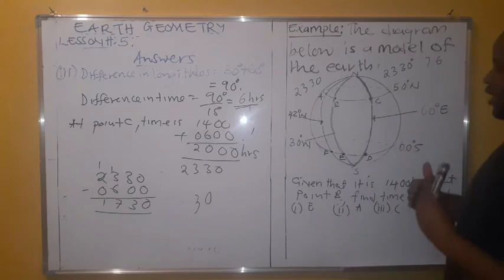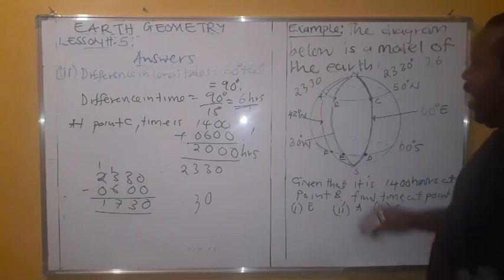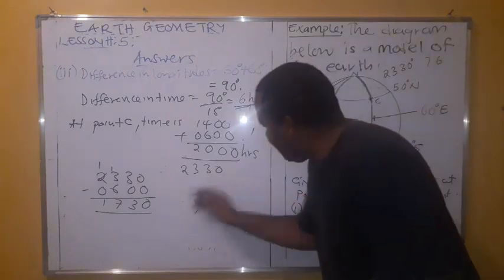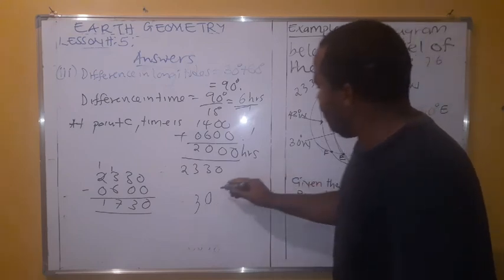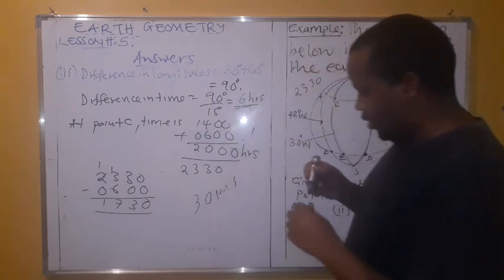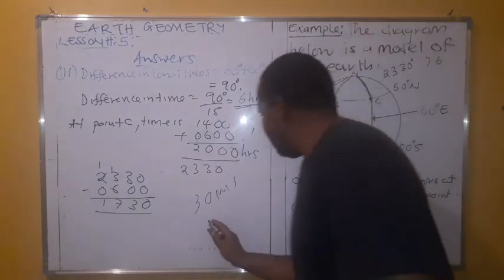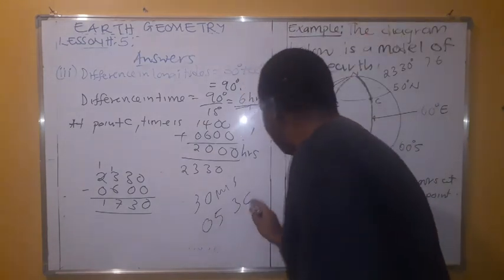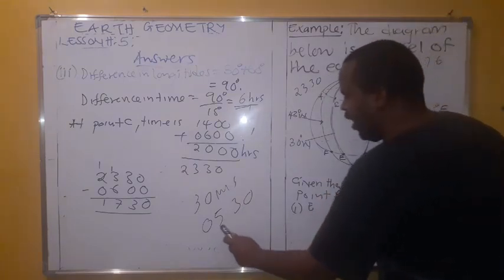Now you start counting from 00 hours. When you remove 30 minutes from 6 hours, you remain with 5:30 hours, which is 05:30 the following day. So the following day, the time there will be 05:30.